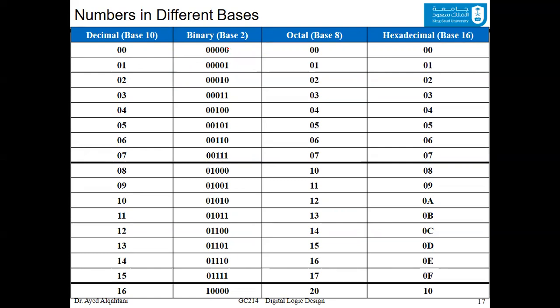We will start by saying 0, 1, 0, 1, 0, 1, and we keep flipping 0, 1, 0, 1, and so on until we reach the last one. And in the next column, we will start with 0, 0, and then 1, 1, 0, 0, and then 1, 1, 0, 0, and then 1, 1, and so on.